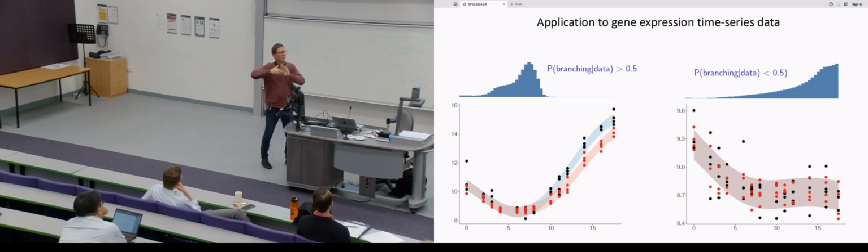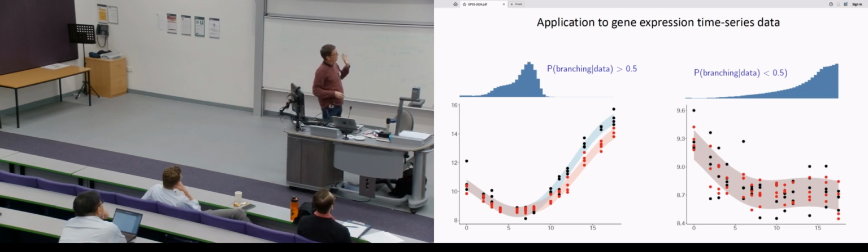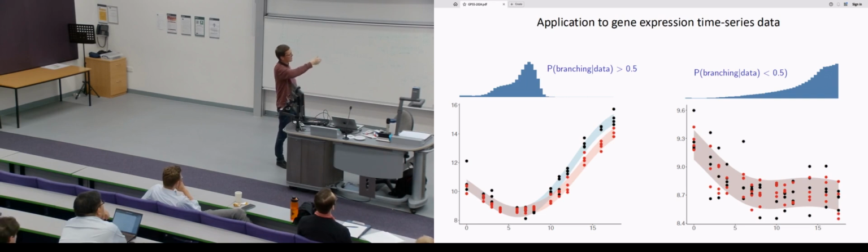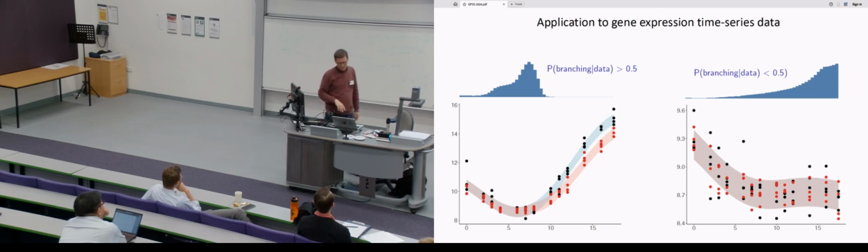Basically, if the bar on the right-hand side is higher than the average of all the other bars, then the most likely thing is that there isn't any branching in this kind of model. So you fit it for all the times, and then you integrate over all the times to work out these Bayes factors and posterior probabilities.